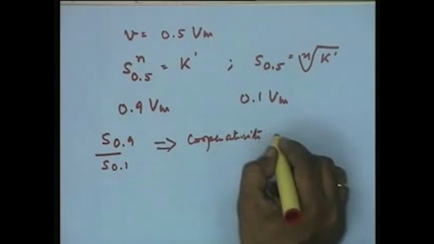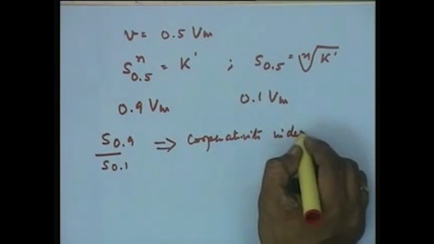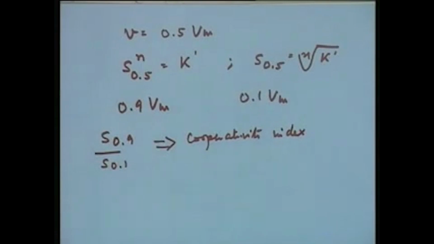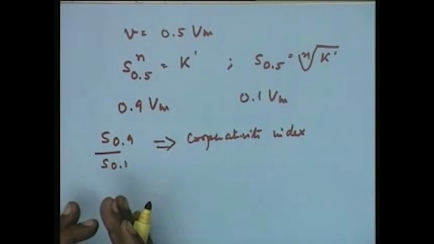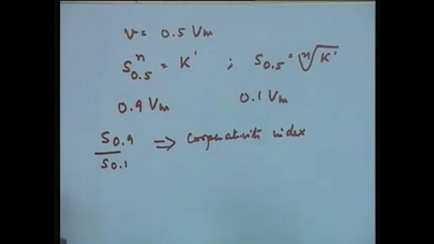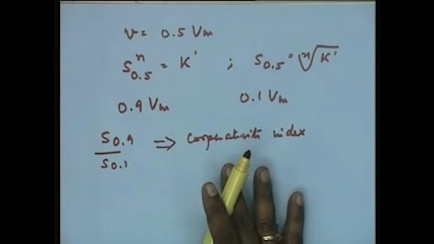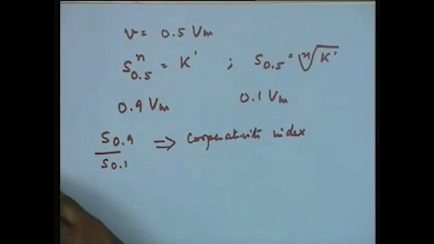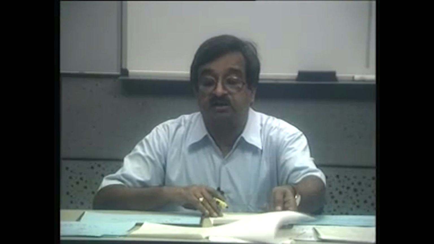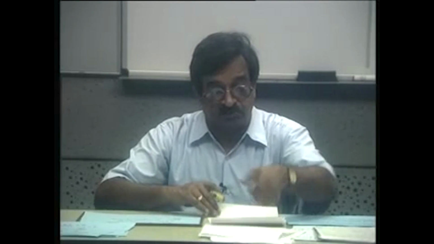Of course, this is just a convention. You can define your cooperativity index as S0.75 upon S0.1 or S0.9 upon S0.1; any ratio can be used to express it. It is only a matter of convention that we follow the ratio at 90% and 10% values.